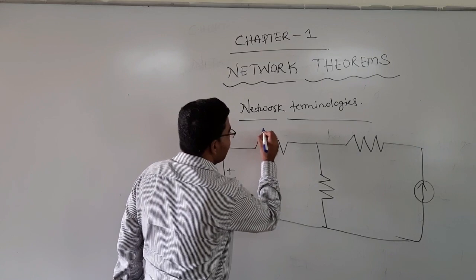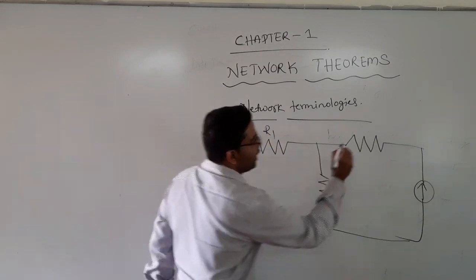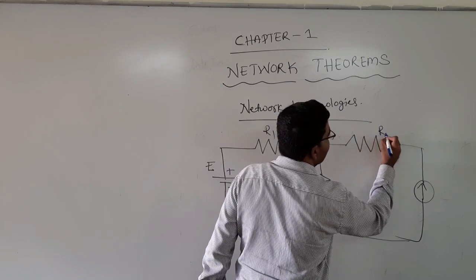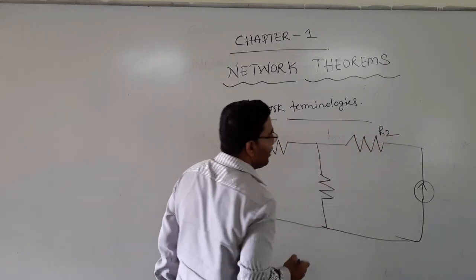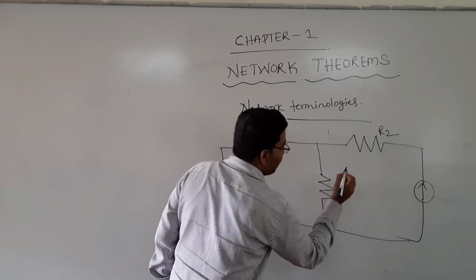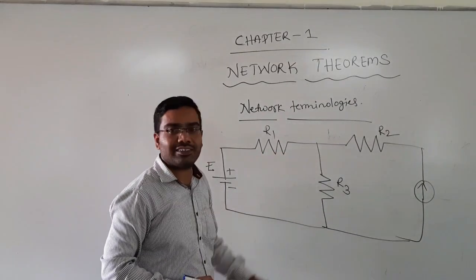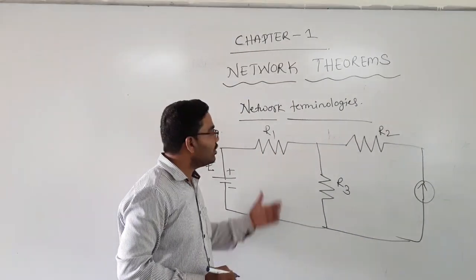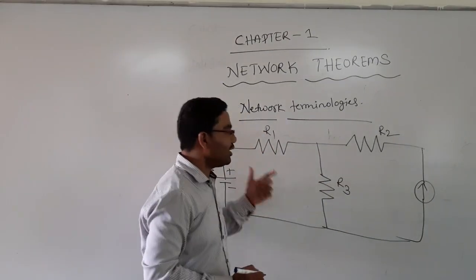Then this is resistor R1. This is also a resistor, I named it R2. This is also a resistor, I named it R3. A resistor is a passive element, which opposes the flow of current.